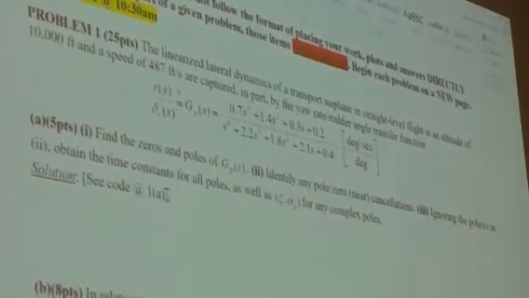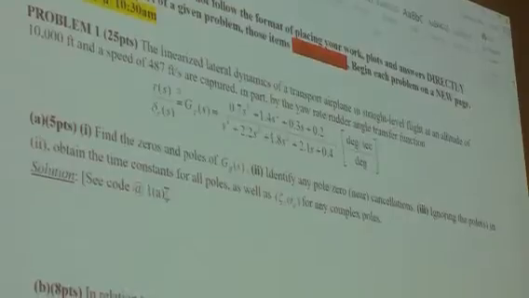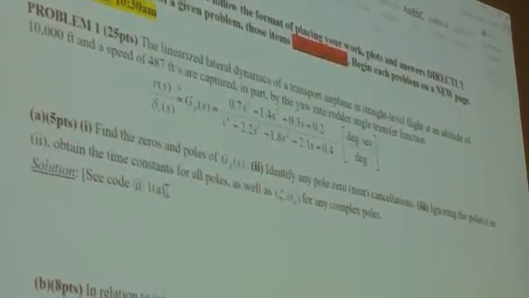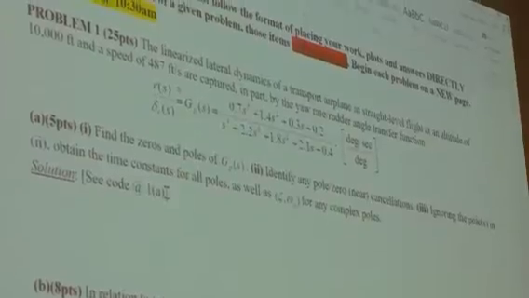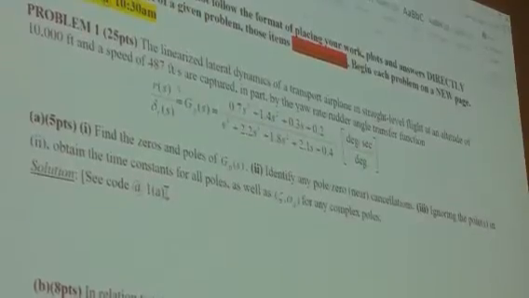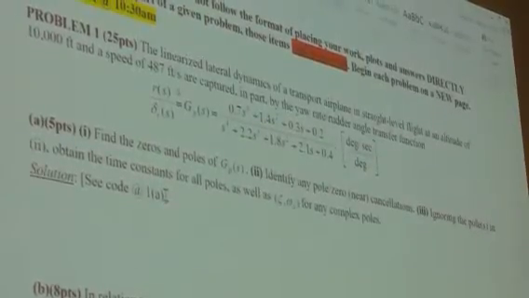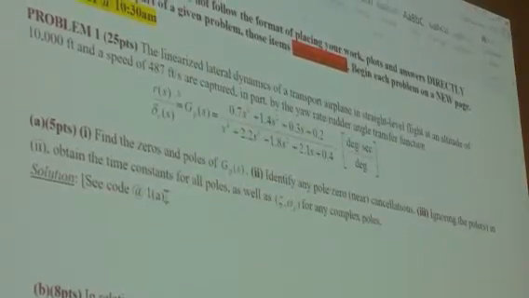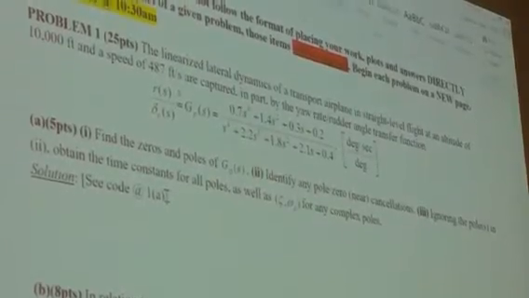Or you can put your code in an appendix and give me the root command in the appendix, and then I'll know where you got it from. If all you give me is poles and zeros and I have no idea where you got them from, I'm going to simply assume you got them from somebody sitting next to you. That's what it means by solution.